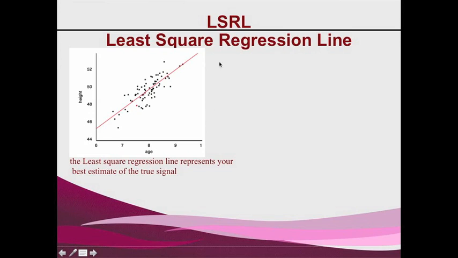So the line is produced by the least squares regression. It's called the least squares regression line, and it's produced by minimizing the squared distances. We'll see that in a second in the next slide. It represents the best estimate of the true signal, yes?